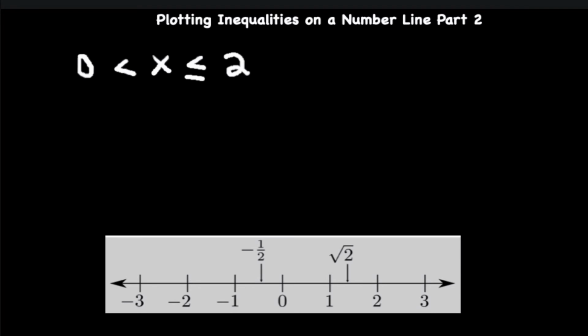Let's go ahead and plot that. This is an open circle. We know that we're going to be shading towards the right, so we can shade a little bit. And then come back and read x is less than or equal to 2. So we know this is going to be a closed circle. And since it's less than or equal to 2, we're going to shade towards the left. And notice they come together.